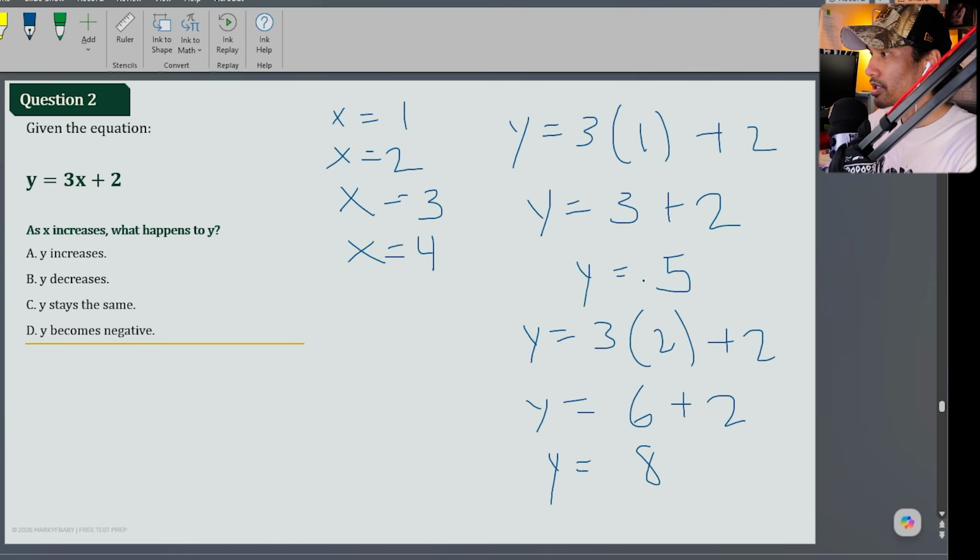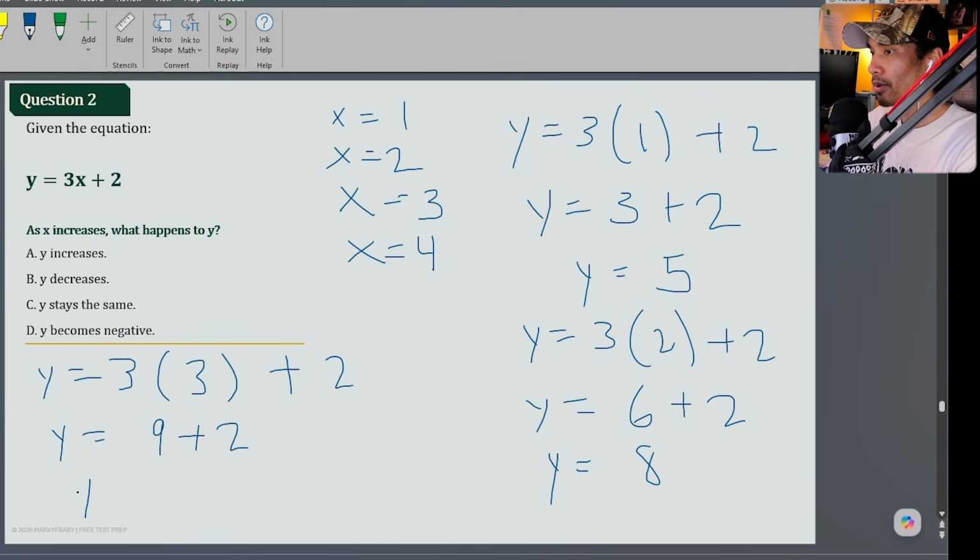What is the relationship between 5 and 8? Well, it increased. So let's go ahead and do x equaling 3. Y is equal to 3 times 3 plus 2. Y is equal to 9 plus 2, and then y is equal to 11. 5, 8, 11.